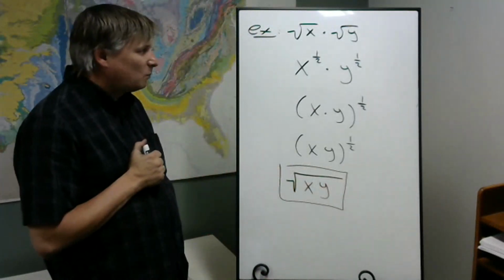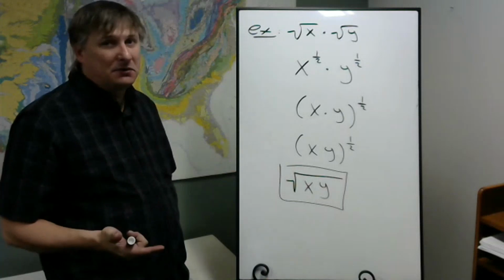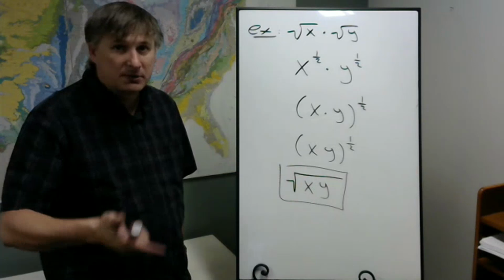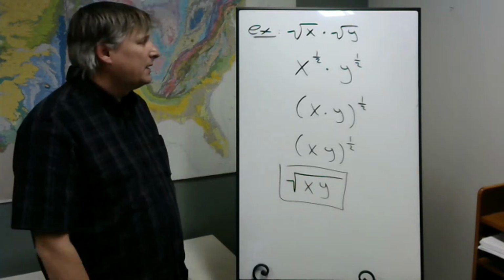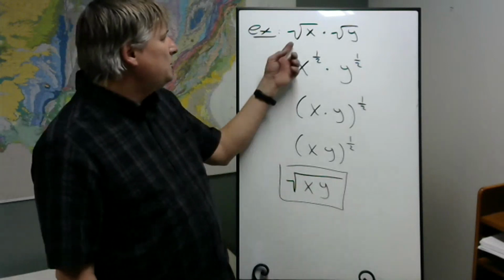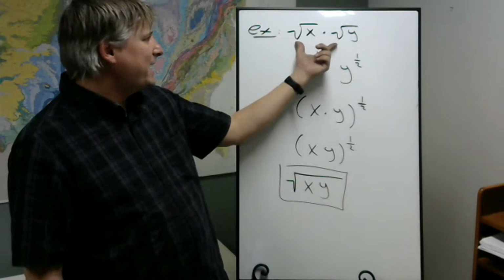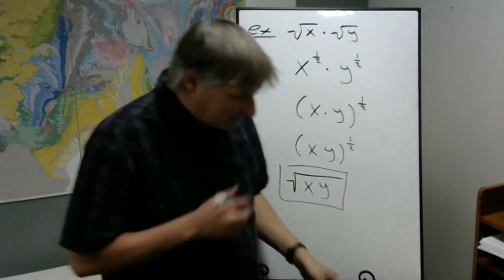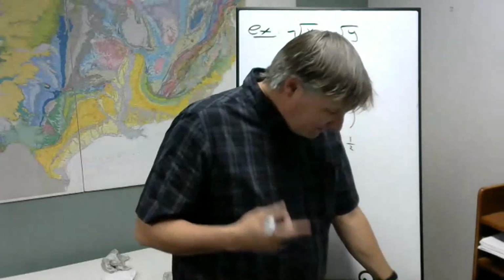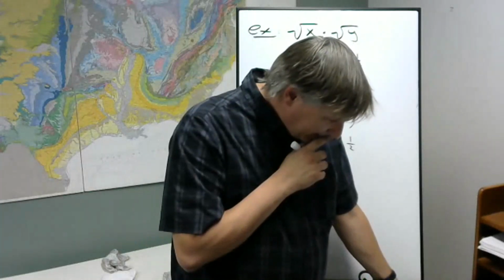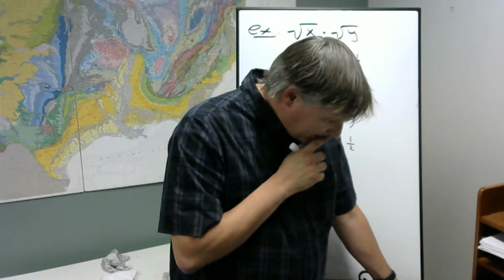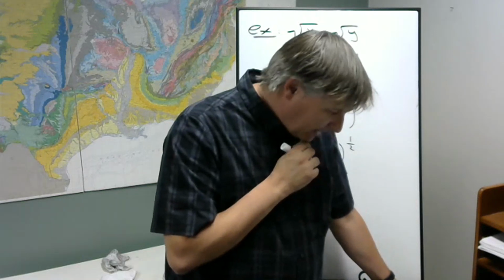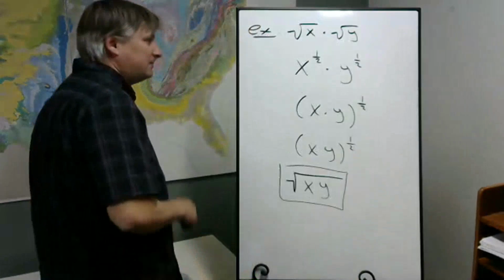So one of the advantages of using these exponents for roots, these rational exponents, is that you can use them to show that you can use multiplication to combine square root signs. Now this can get kind of fancy. So let's say we do something a little more complicated. Let's say we have this.